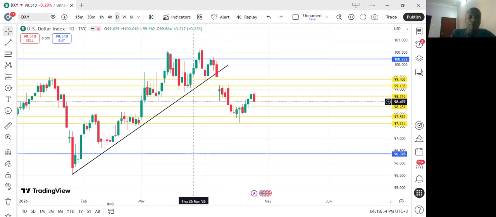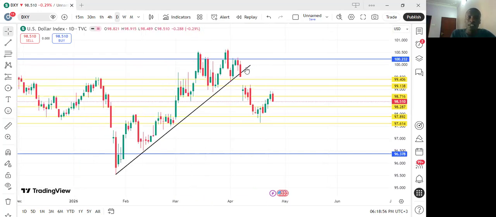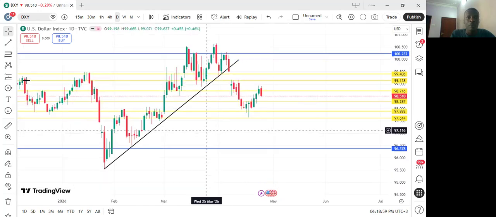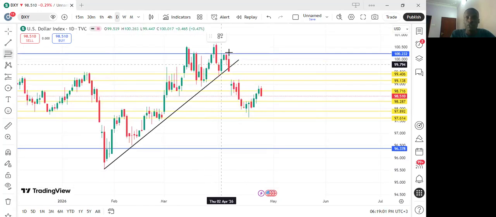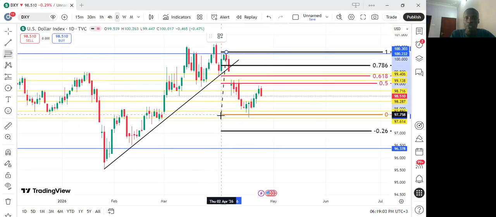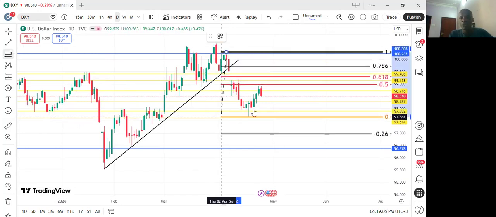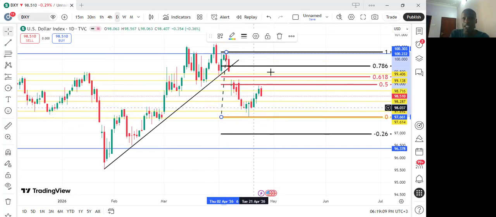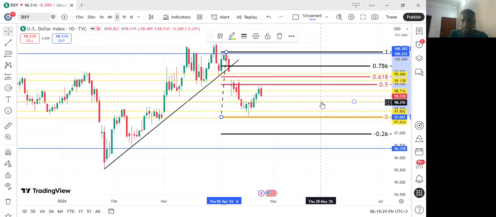So we can see that this trend line has been broken. And if I pull my Fibonacci from the swing high to swing low, you can notice that price didn't pull back up to this area within the golden zone, that is 0.618, that's 61.8, and the 50% Fibonacci retracement.